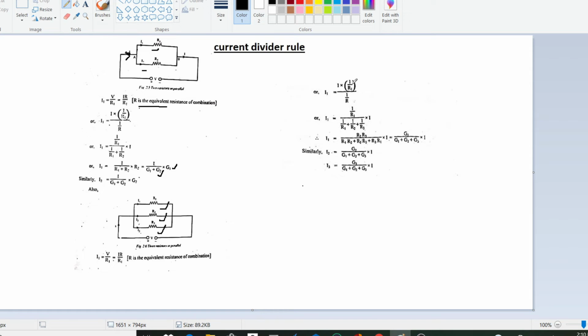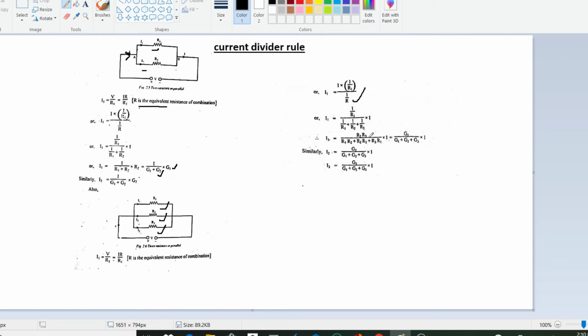So I1 can be written as I into 1 upon R1, over 1 upon R. Since R1, R2 and R3 are in parallel, 1 upon R is 1 upon R1 plus 1 upon R2 plus 1 upon R3, into I.